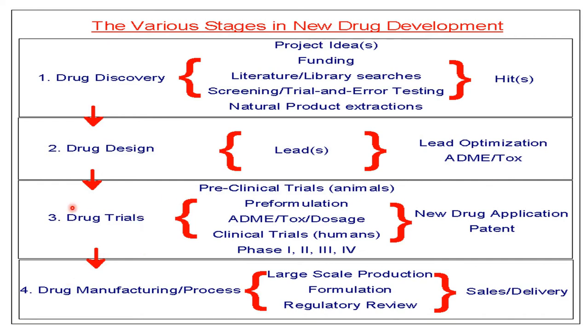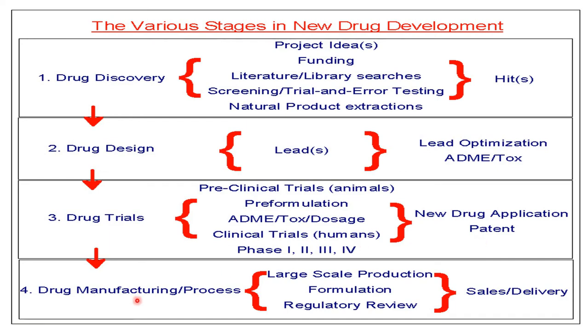Further, in the drug trials, it includes the preclinical trial, pre-formulation, ADME, clinical trials, and the clinical trial phases, that is phase 1, phase 2, phase 3 and phase 4. And this includes the NDA, that is new drug application. This is a type of patent that is provided for the discovery and the drug development of a new drug.